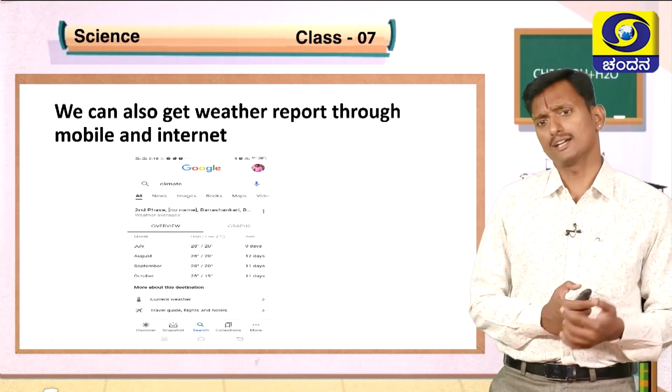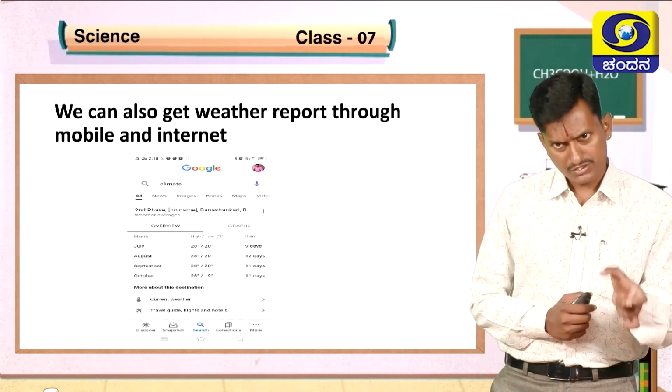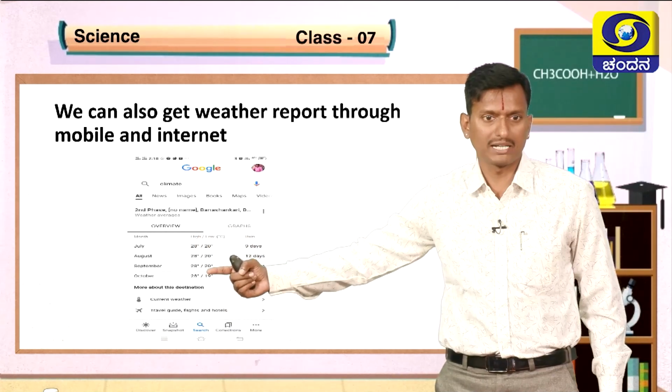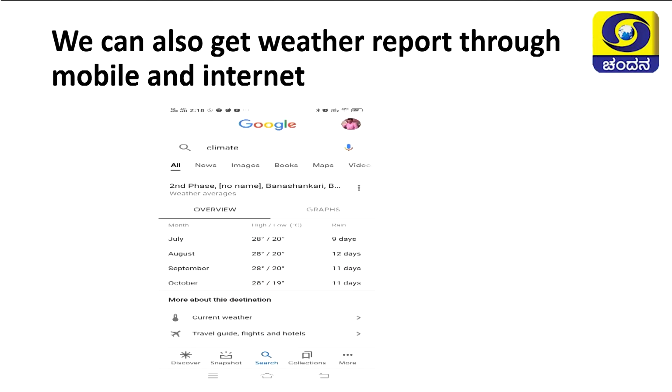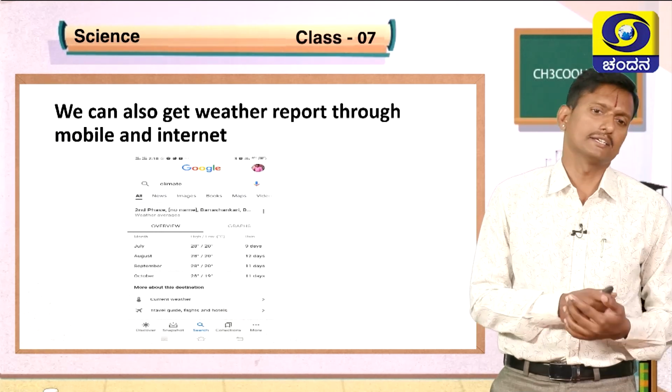It will show the climate of the day. Also, it shows the weather of the past 1 year, months like July, August, September, October. They show the high temperature and low temperature of that month, and how much rain has fallen in that month. So, this is information we can gather through the internet.